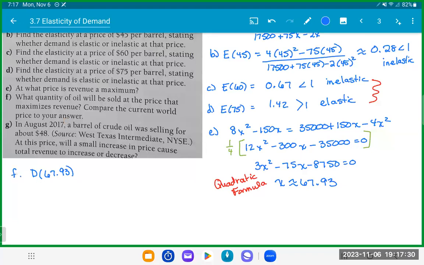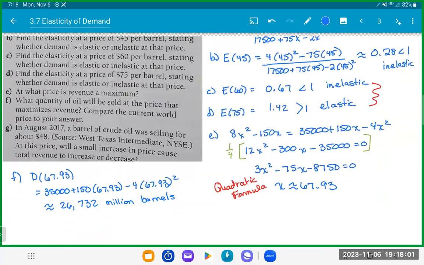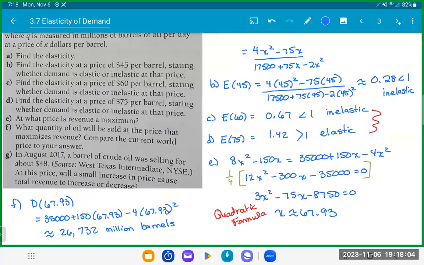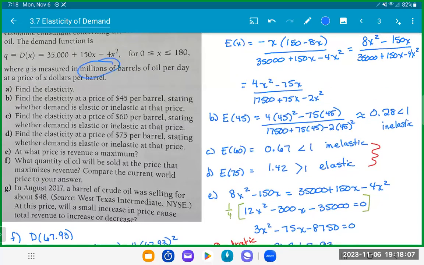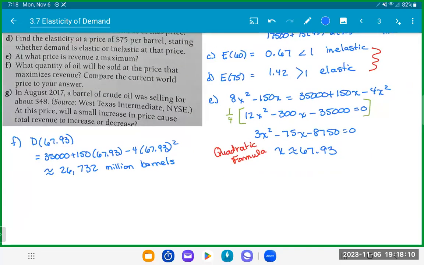And so that would be 35,000 plus 150 times 67.93 minus 4 times 67.93 squared. And that's approximately 26,732 million barrels. Because remember, that told us up here that our Q is measured in millions of barrels. Okay, questions?